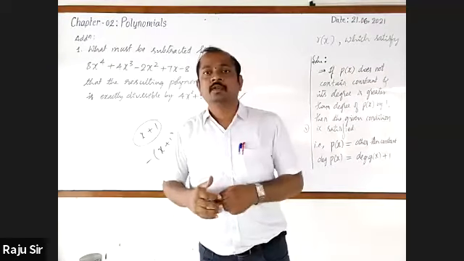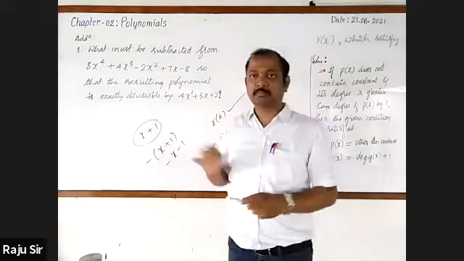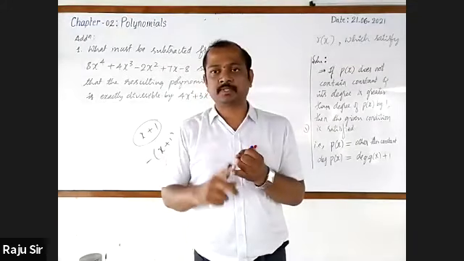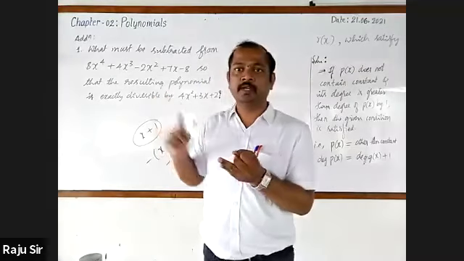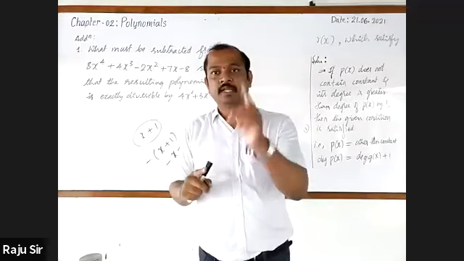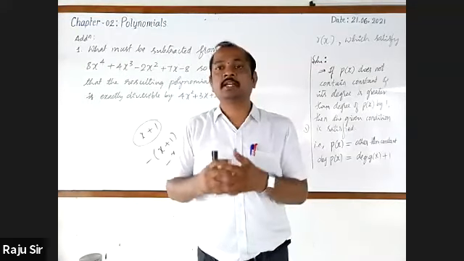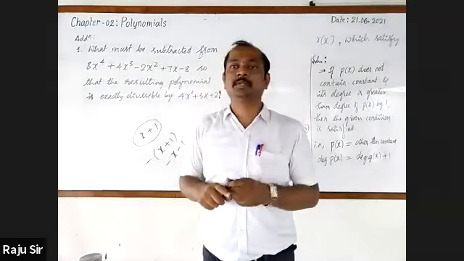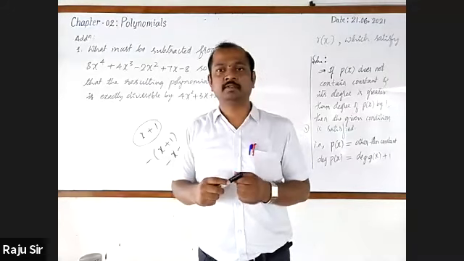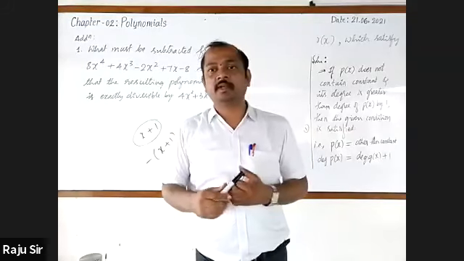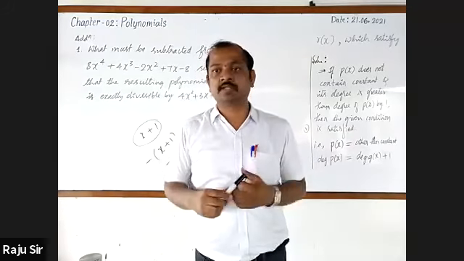Yes, sir. With this, actually, the chapter has been completed. So in mathematics, 2 chapters are over: real numbers and polynomials. In science, only 1 chapter, electricity, has been over. Next, we are going to take up the first chapter in chemistry, which is Chemical Reactions and Equations.